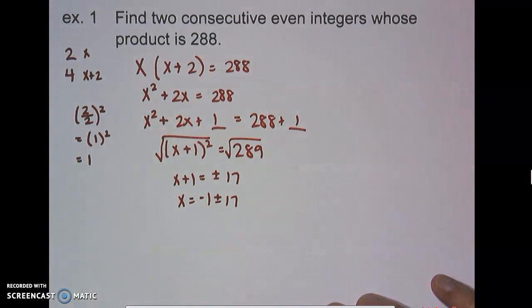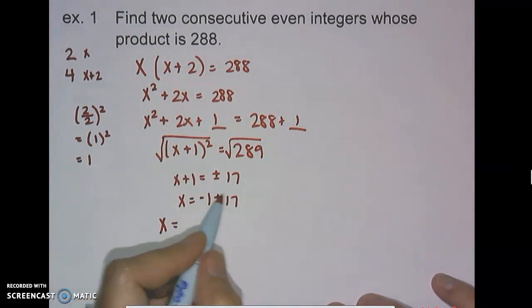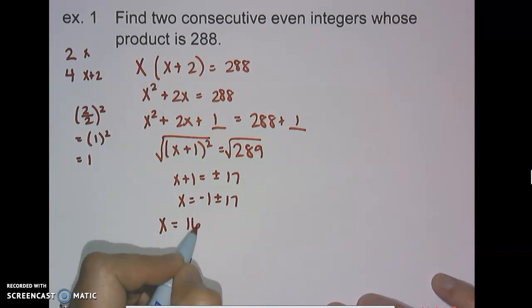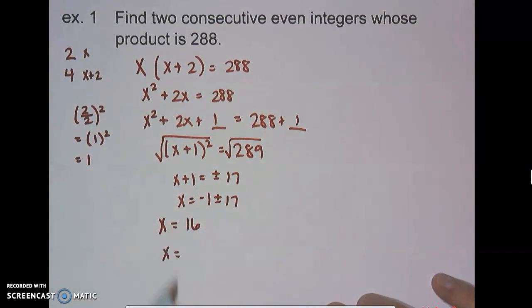Now we have to solve this still. If we have negative 1 plus 17, that would give us a positive 16. If we have negative 1 minus 17, that would give us a negative 18.